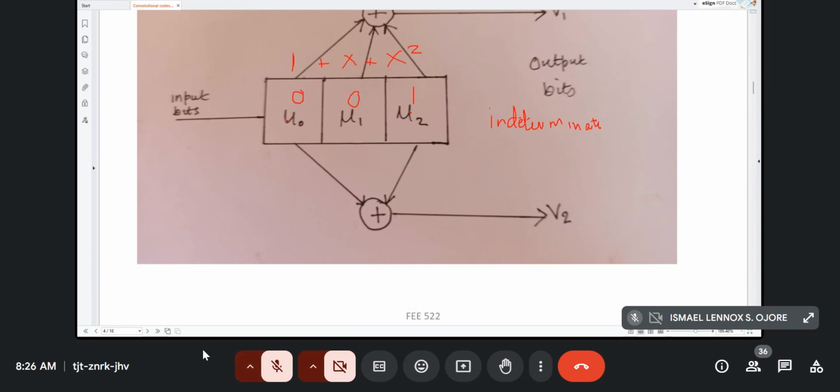But to which state do you go? Because you're talking about the next state, the next state will be 0, 0, because this one will come here, and this will come here. It will be 0, 0.